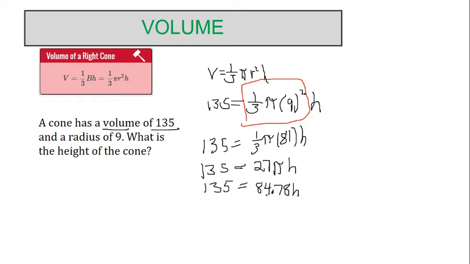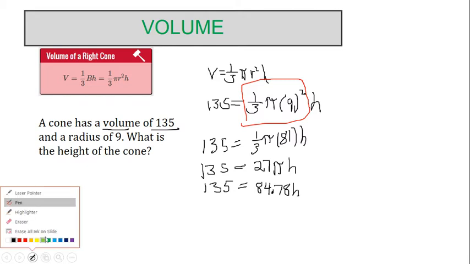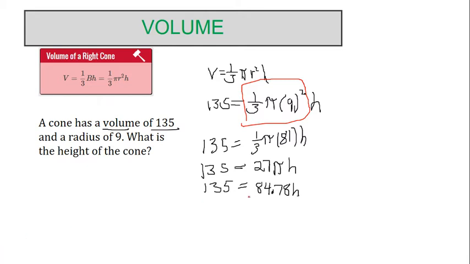All right, so now the last step would be to divide both sides by 84.78 to isolate the h. We're doing the opposite of multiply, which is to divide. And this is the step I'm actually doing: dividing both sides by 84.78.